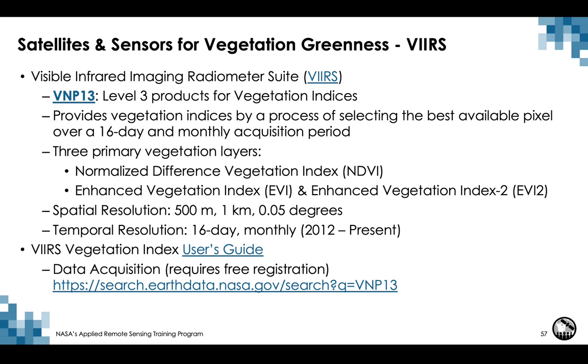Level 3 spatial and temporal gridded vegetation index products are composites of daily surface reflectance. They are generated at 500 meter, 1 kilometer, and 0.05 degrees every 16 days, as well as the calendar month. Both the user's guide and link to download the data products are provided below.